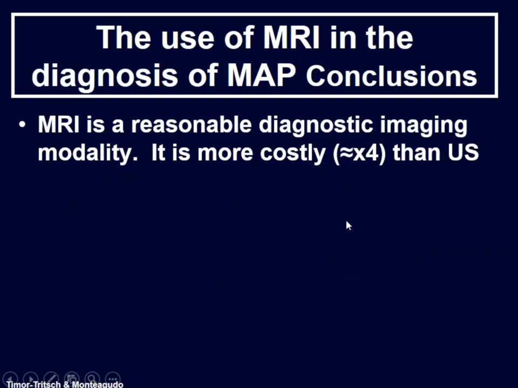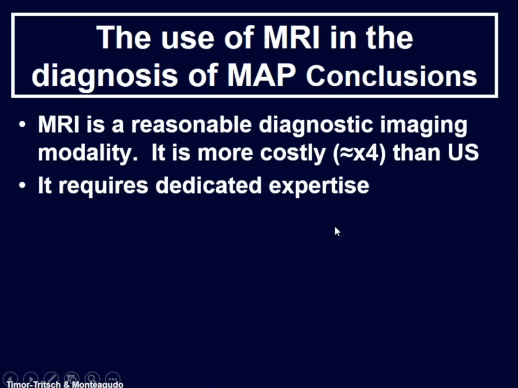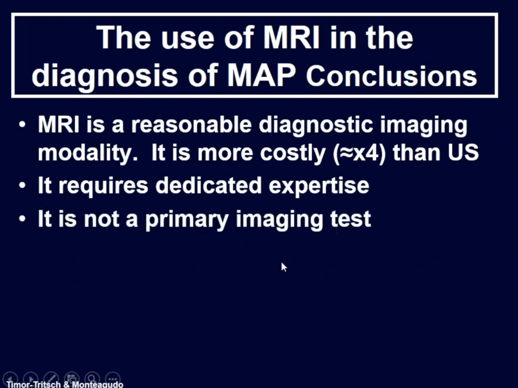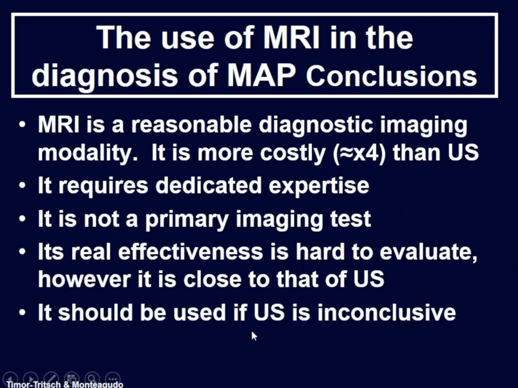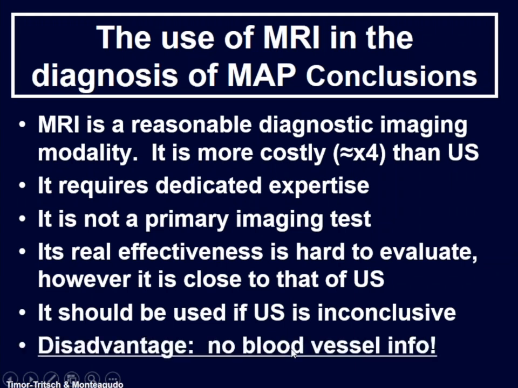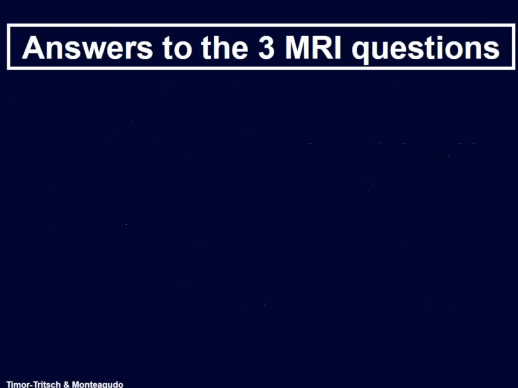It is much more costly than ultrasound. It requires dedicated expertise. It's not a primary imaging test. Its real effectiveness is hard to evaluate. However, it is close to that of ultrasound, and it should be used if ultrasound is inconclusive. Its disadvantage: there is no blood vessel information.